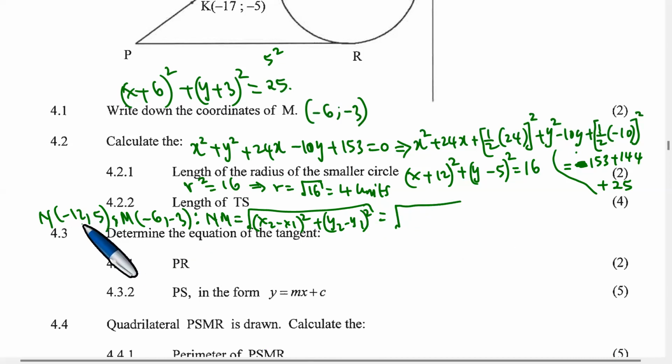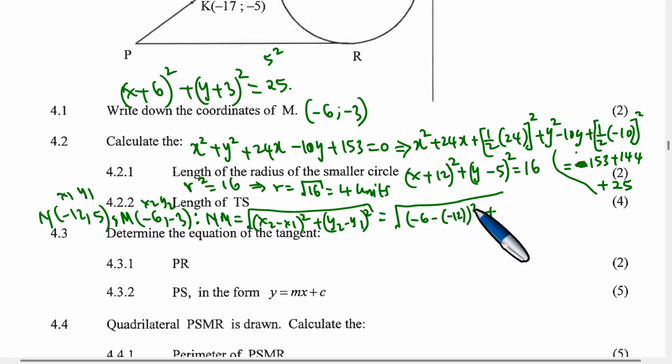We are moving from the point N to the point M, so x2 is minus 6, x1 is minus 12, squared.